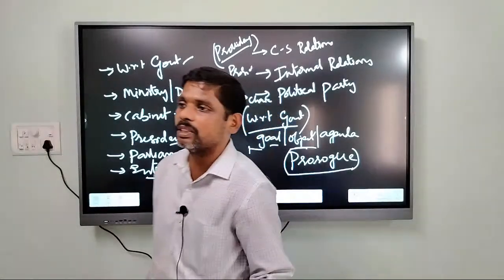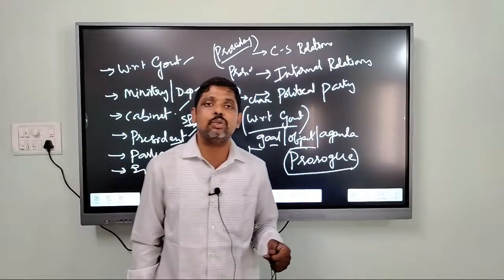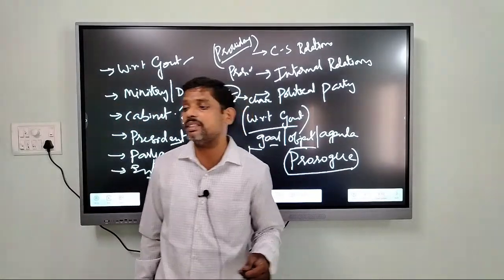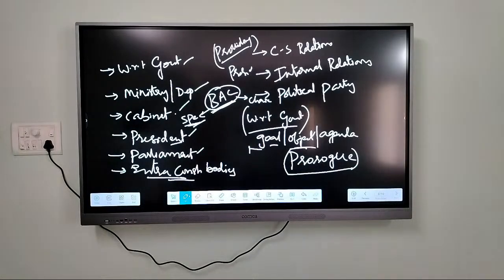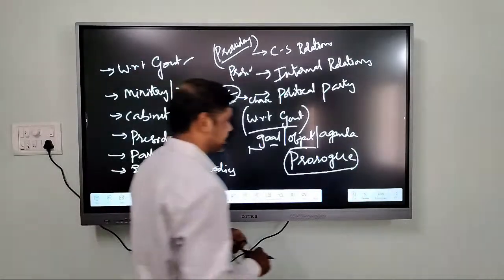The purpose of this interstate council is to ensure cooperation between the states. So Prime Minister has a role with respect to these institutions.